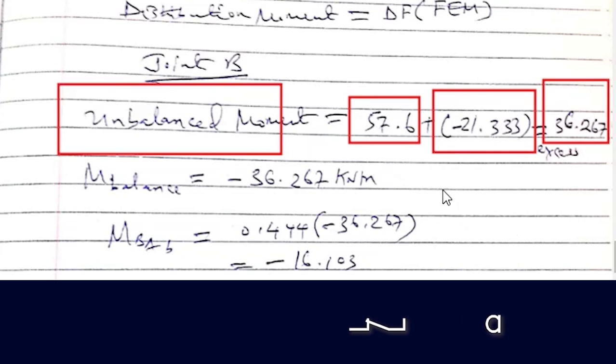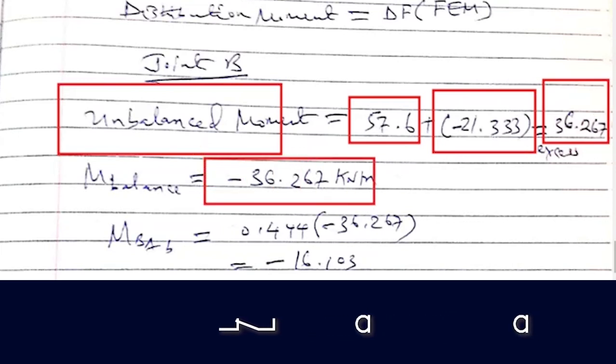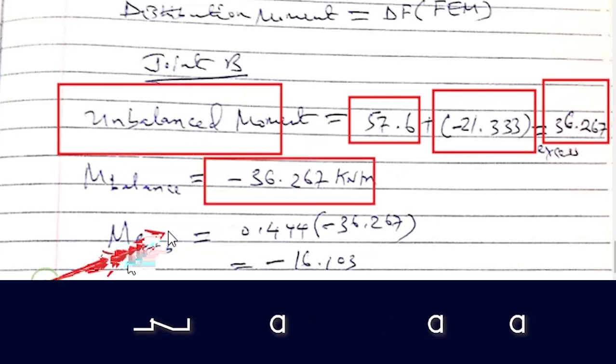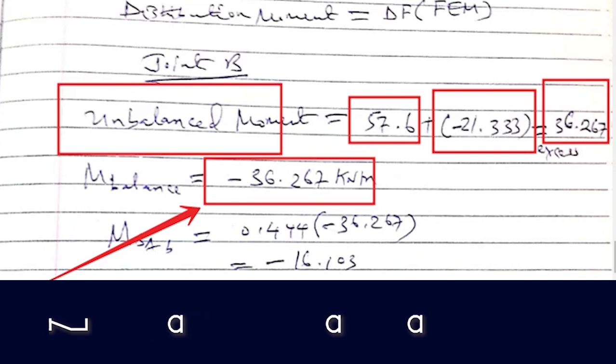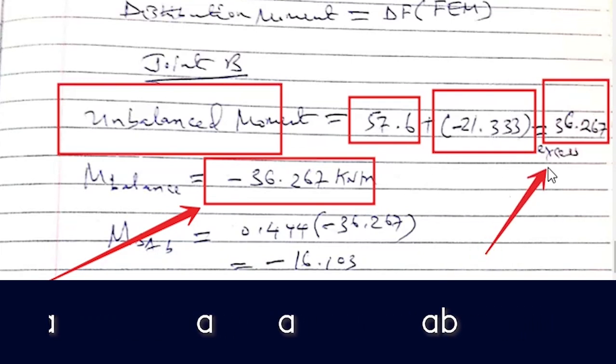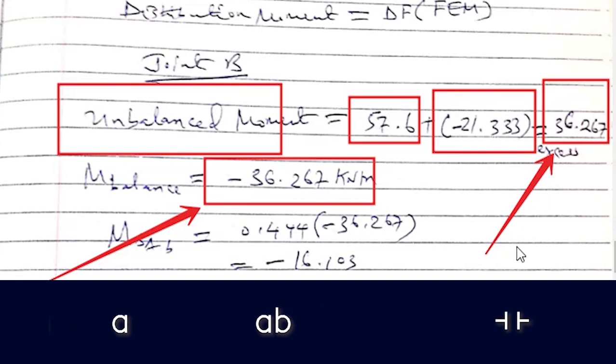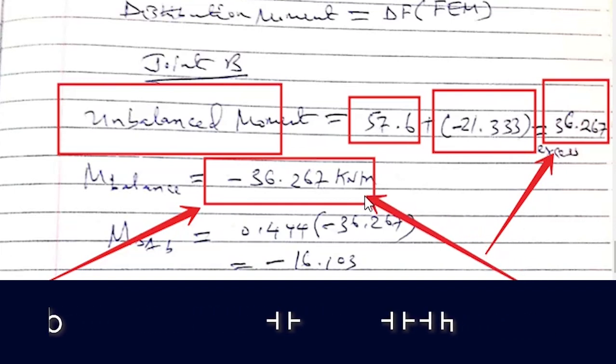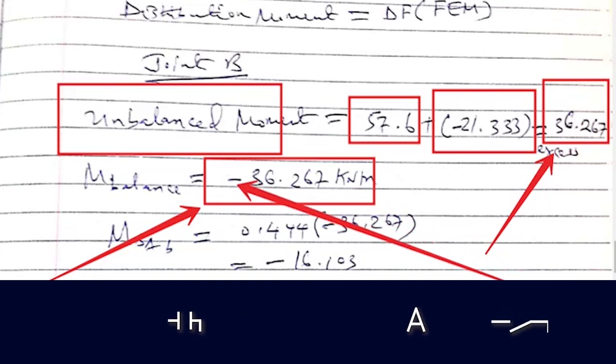In order to balance at joint B, this excess moment should be offset by the opposite value, so the joint can be balanced. So the excess, which is positive 36.27, should be balanced with a negative value of the same moment. At equilibrium, we should apply a negative opposite moment of about 36.27 kilonewton per meter.